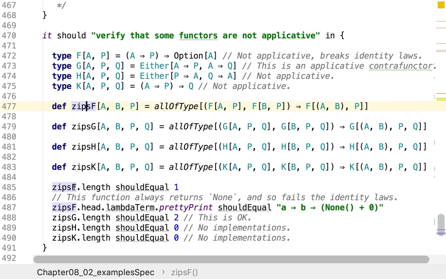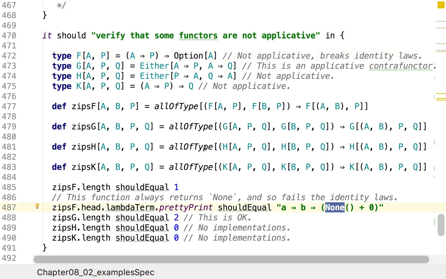Now, the length of zip_f is 1, which means that there is one implementation of this function, which is this type. But when we look at the code, which is printed in a short notation, you see that this function always returns none, so it always returns an empty option.